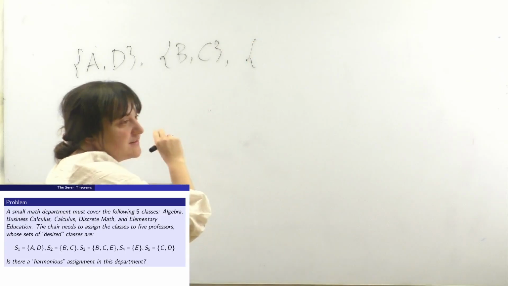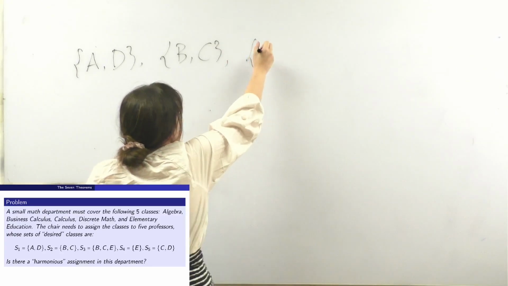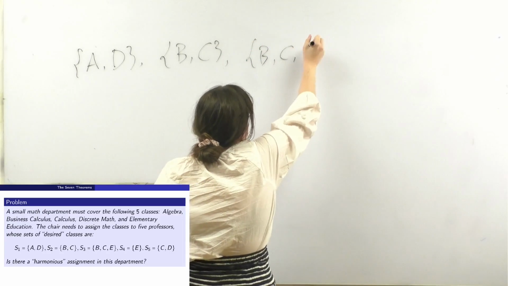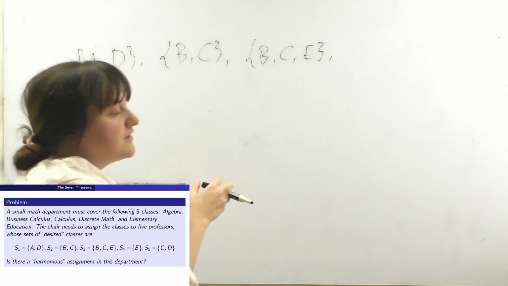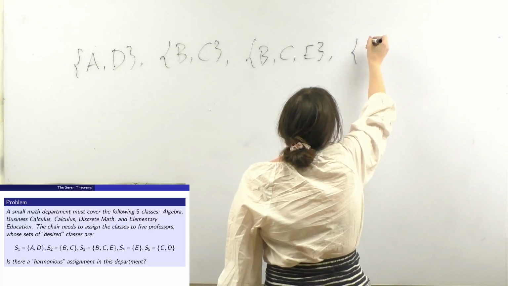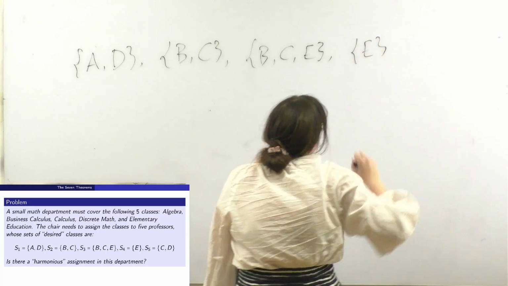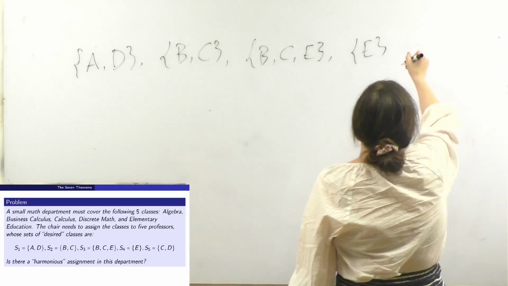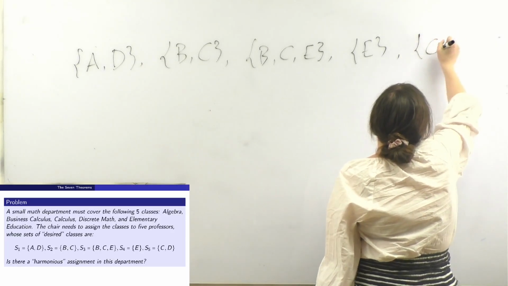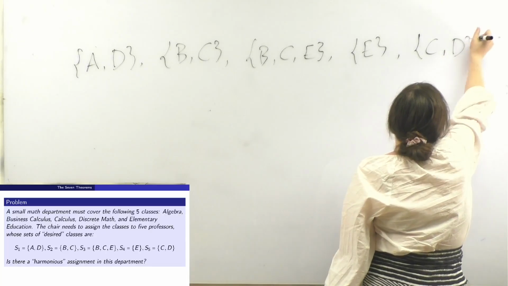Third professor says they'll do business calc, standard calculus, or elementary ed. The fourth professor is picky. They will only teach elementary ed, happily. And the last professor would be happy with either calculus or discrete math.